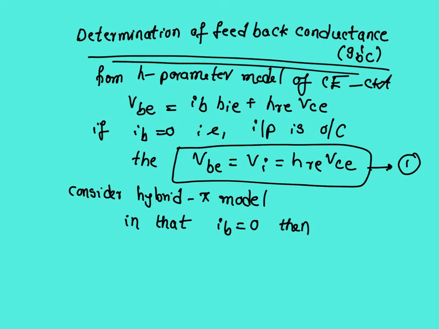So consider the hybrid pi model. In that, IB is equal to 0, then we have to draw the entire circuit to know about the circuit operation.